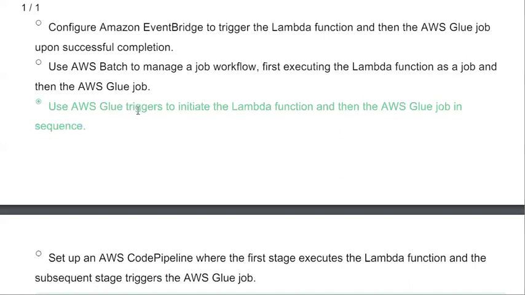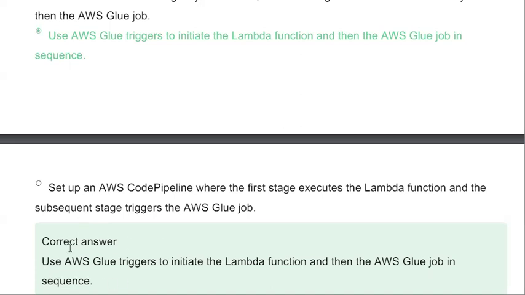If you use Glue triggers to initially trigger the Lambda function and then Glue in sequence, your job will be executed subsequently. That is the correct answer: we use Glue to initiate the Lambda function and then we can implement the Glue jobs in sequence.